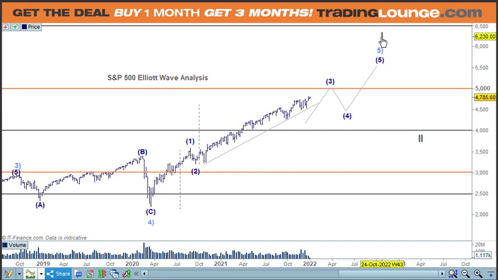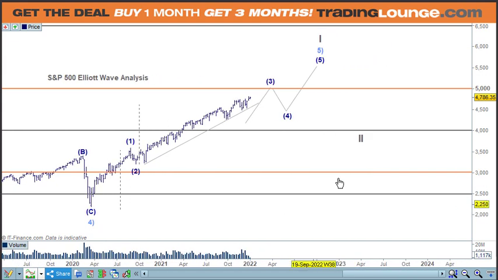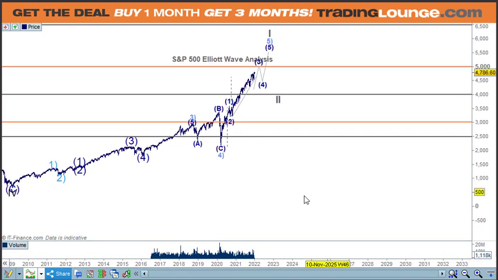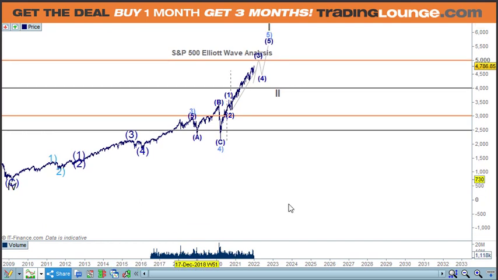Also, when we reach the top up here as well, I think Bob Pritchard from ElliottWave.com has been looking for this top of the market since, well, my chart doesn't even go back that far.